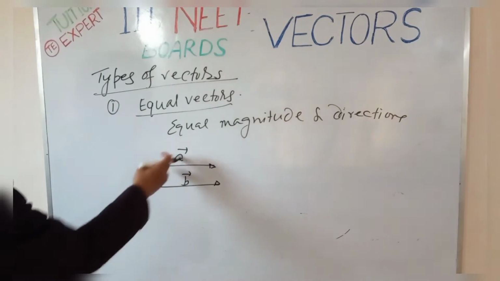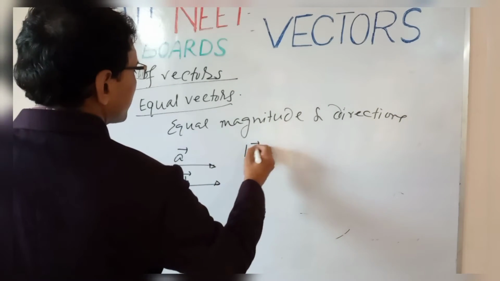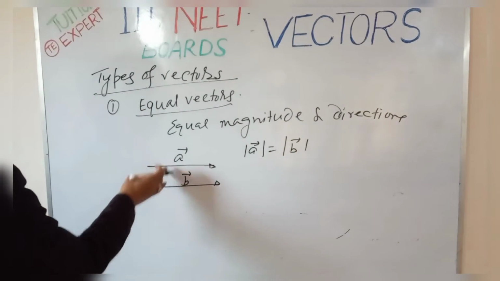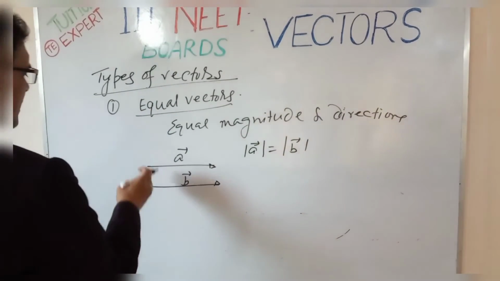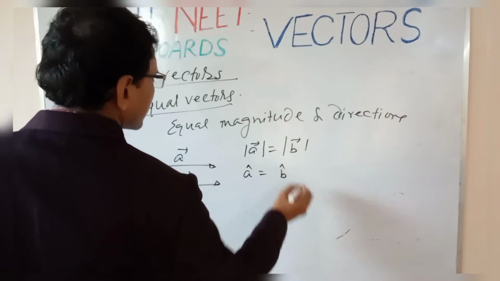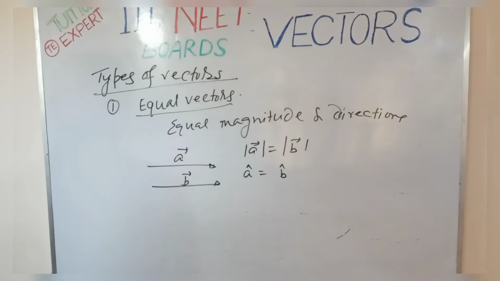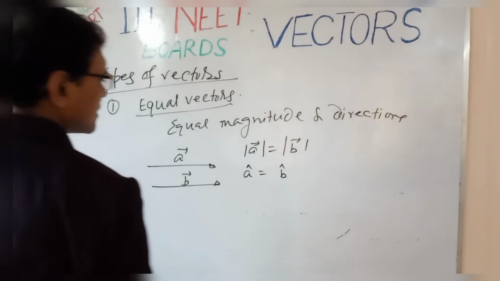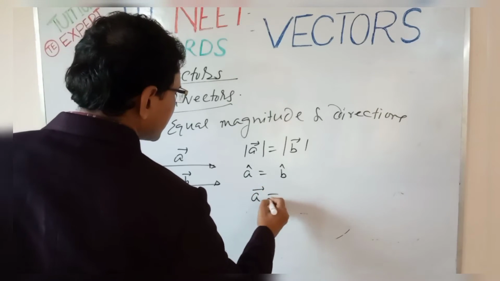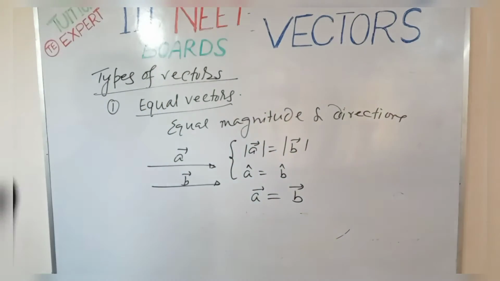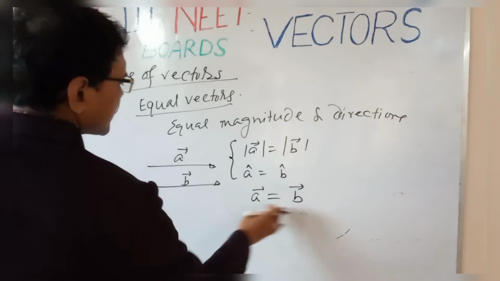You see that obviously A and B magnitudes are equal, and the direction is also equal. Direction is denoted by the cap vector. So magnitude and direction are both equal, so now we can say that A equal to B. If two conditions are satisfied, then we can say that A equal to B.